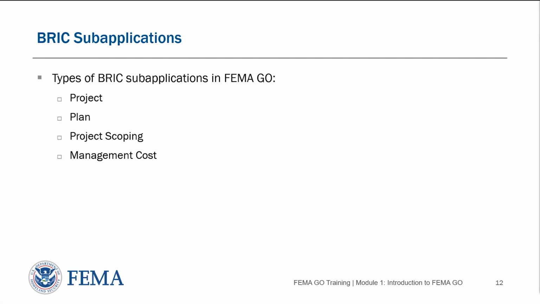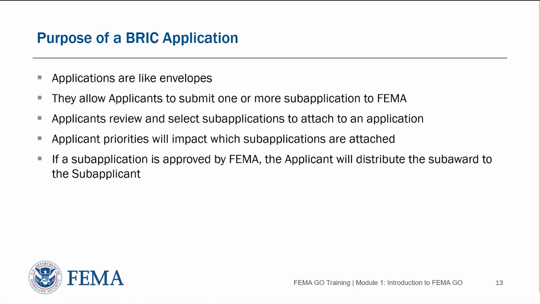So you fill out a separate management cost sub-application specifically for that amount that's listed in the notice of funding opportunity. Subrecipient management costs are a different category filled out by the subrecipient, and they add those as a line item in their budget. And those amounts are also determined by the notice of funding opportunity.